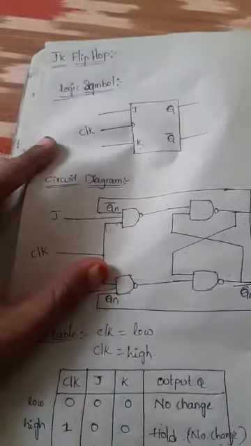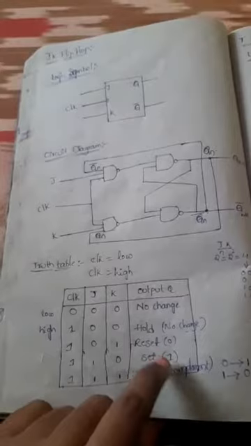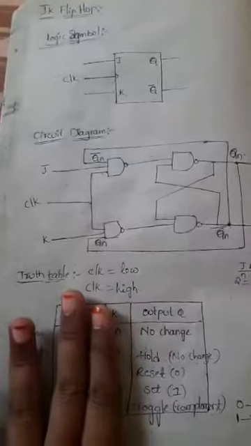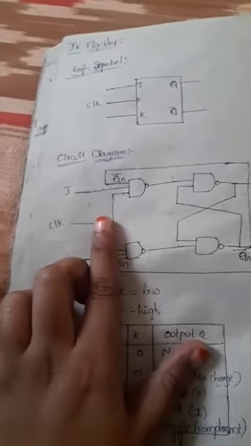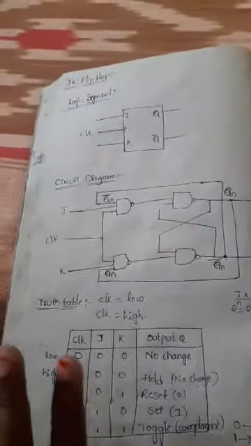That is the difference between master slave JK and normal JK flip-flops. The outputs are the same: hold, reset, set and toggle conditions. So the output is equal for the JK flip-flop and master slave JK, but the circuit connection is different, because the master slave JK combines 2 JK flip-flops with one feedback connection, where the first JK flip-flop's output is connected to the input of the next. That is the extra thing in the master slave JK flip-flop.